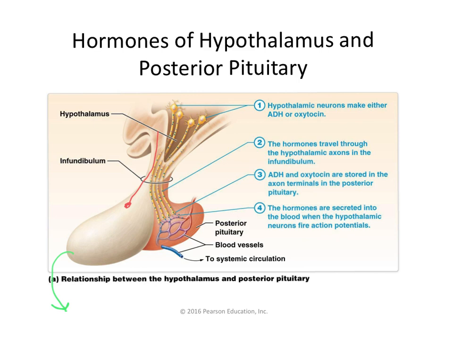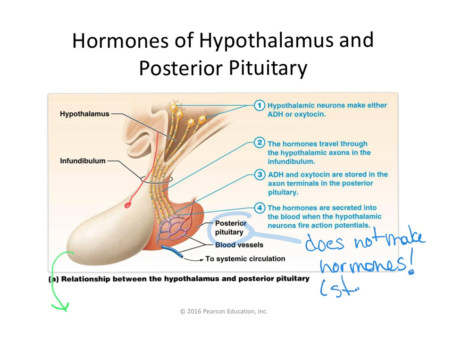The hypothalamus sent a note to the anterior pituitary, which would then go off and do the thing. Well, the posterior pituitary works a little differently. Your posterior pituitary does not make any hormones. It only stores them.